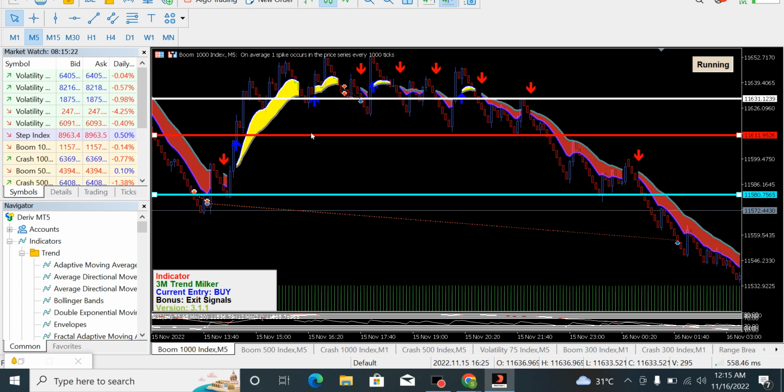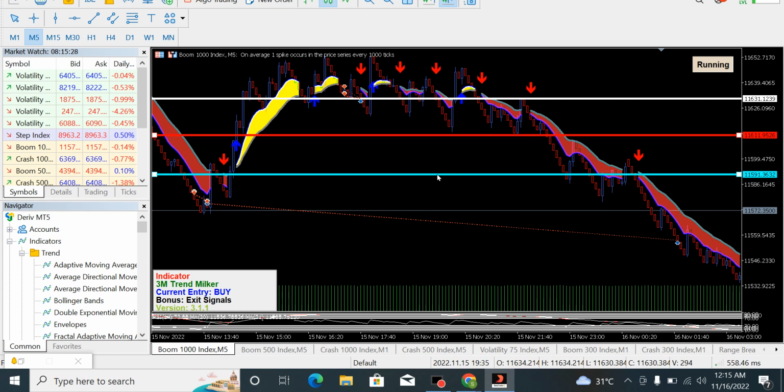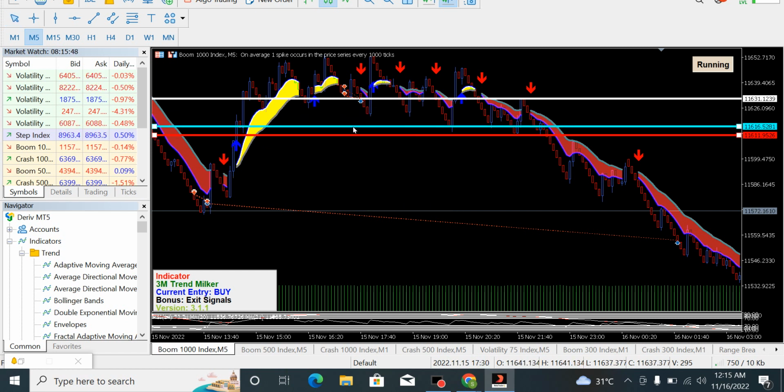This is the next support zone, but if you are to set your take profit, do not set it on the next support zone, because the spike will not happen at the exact support place. In most cases it's usually around this region and a little bit above it. So a spike can happen within this region and this region.